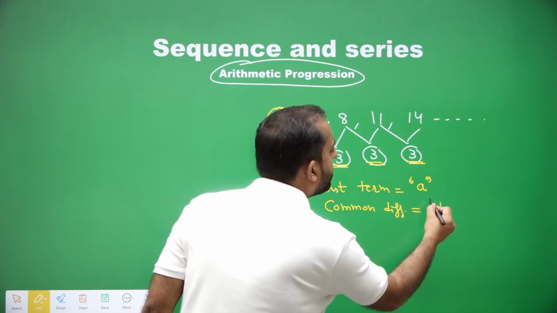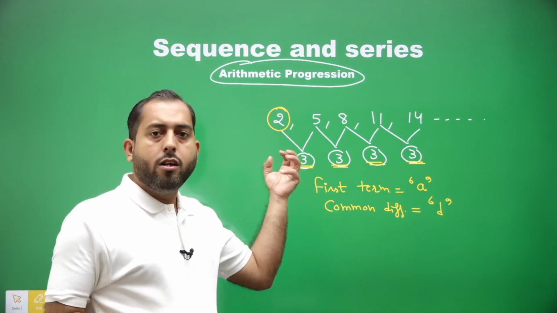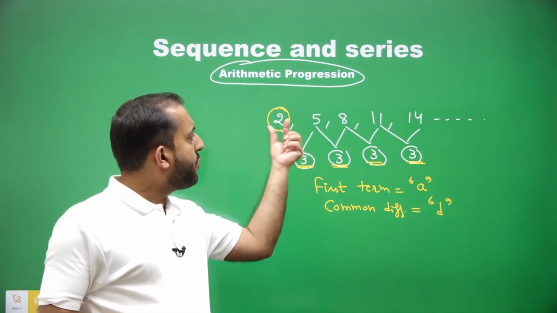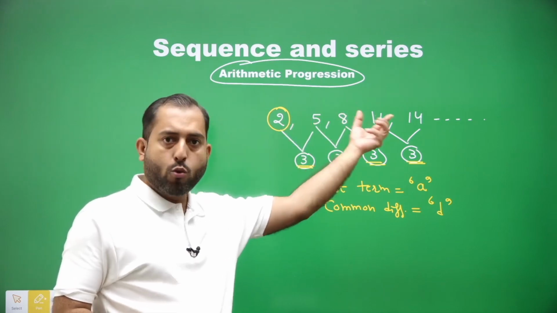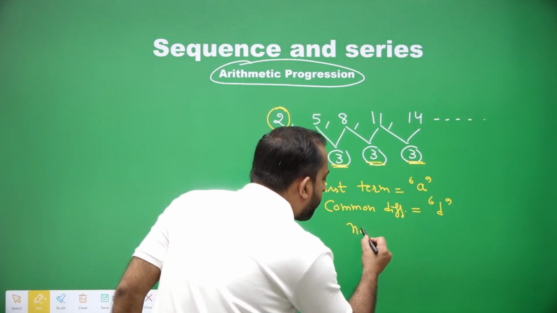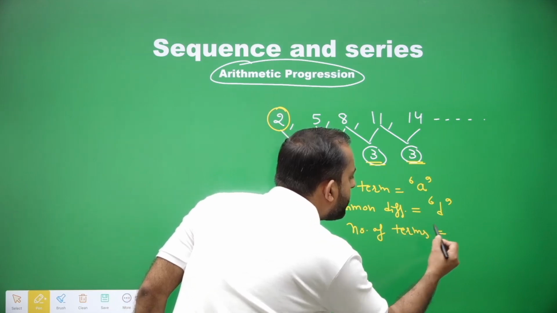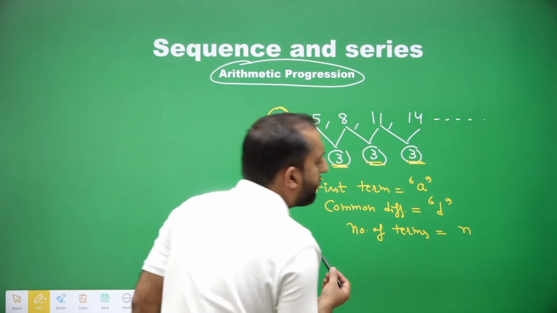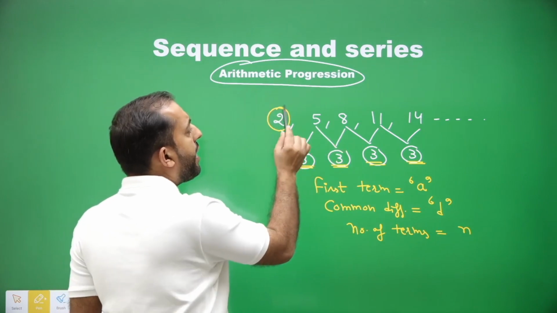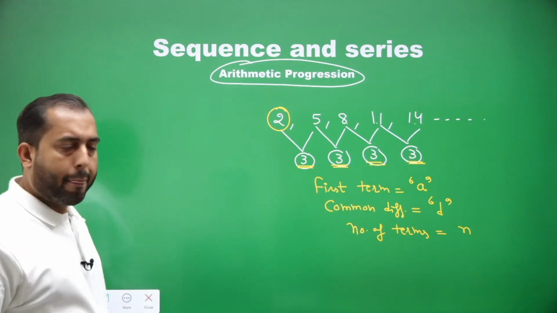Common difference is represented with the help of the letter D. The difference between two consecutive terms. And the number of terms in the series is represented with the help of the letter N. For example, for this series, I have written 1, 2, 3, 4, 5 terms.